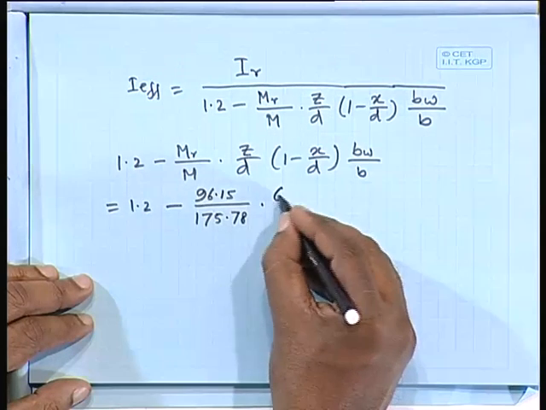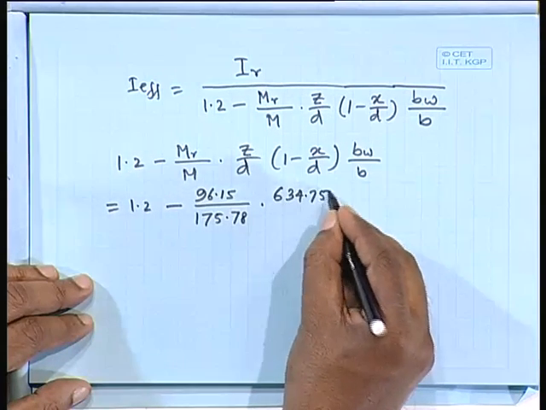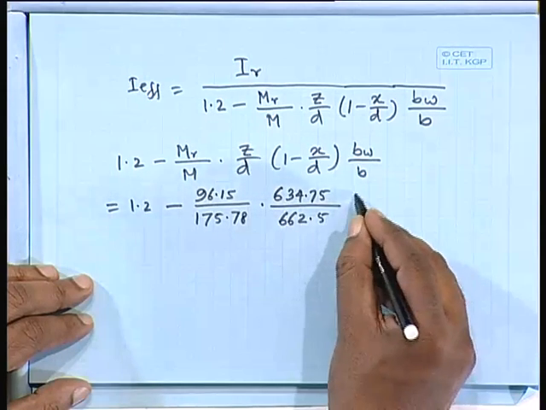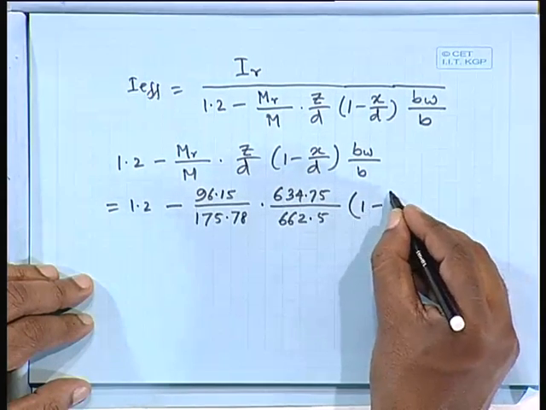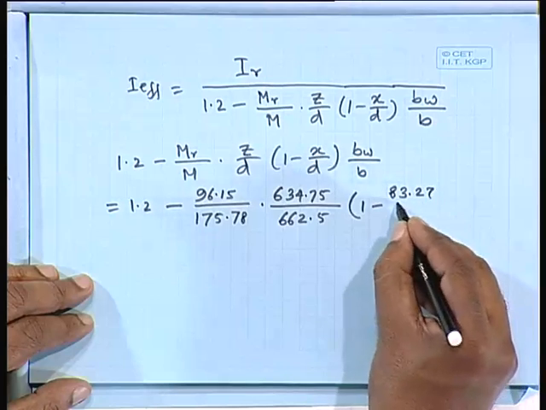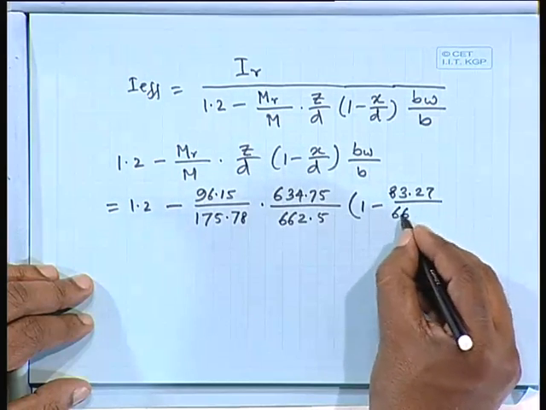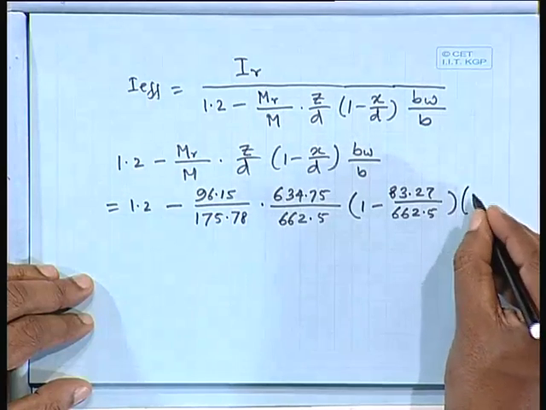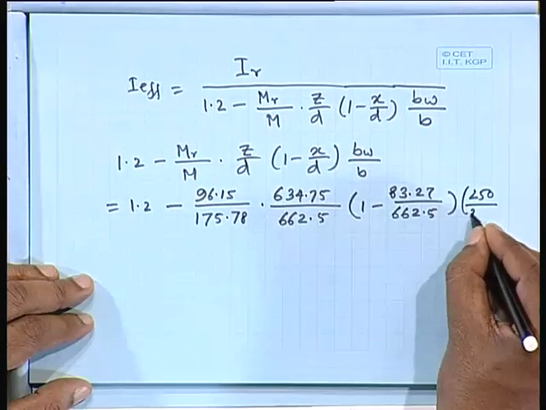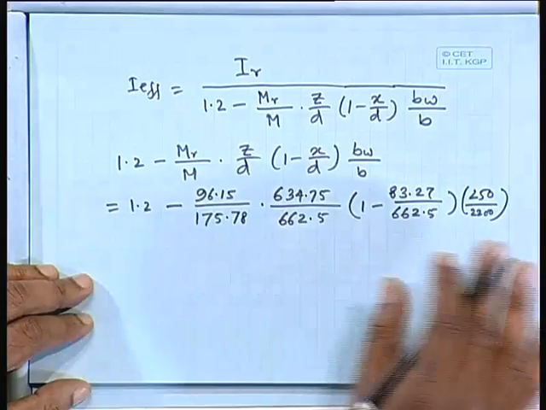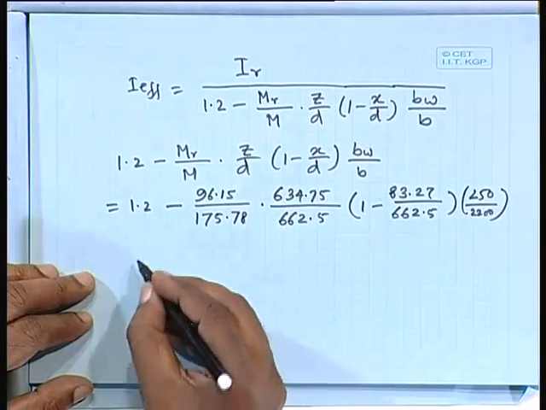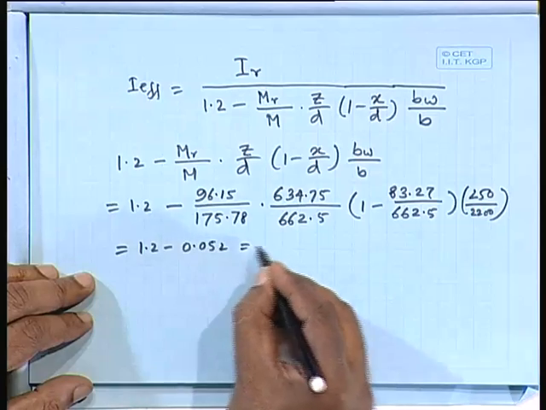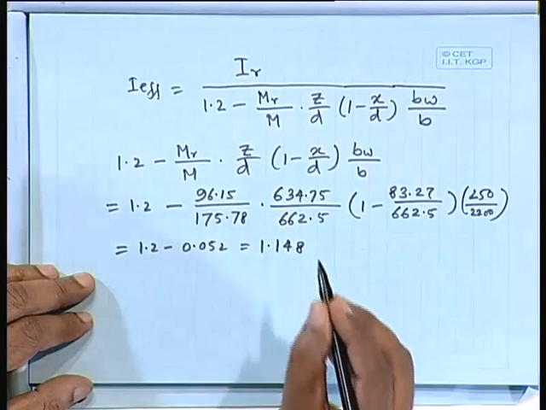Z we have got as 634.75 divided by D 662.5, 1 minus X 83.27, that also we have computed, divided by D 662.5, times BW 250 by 2200. So, everything we have got, and which comes as 1.2 minus 0.052 equal to 1.148.